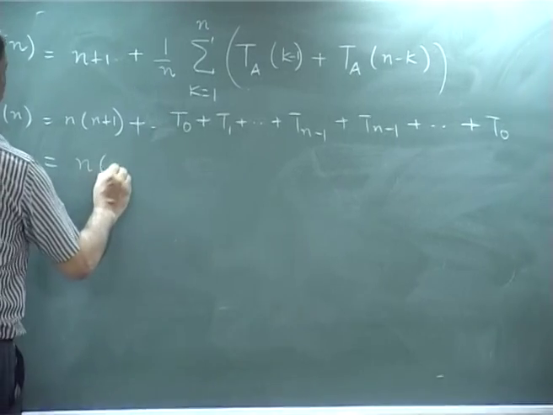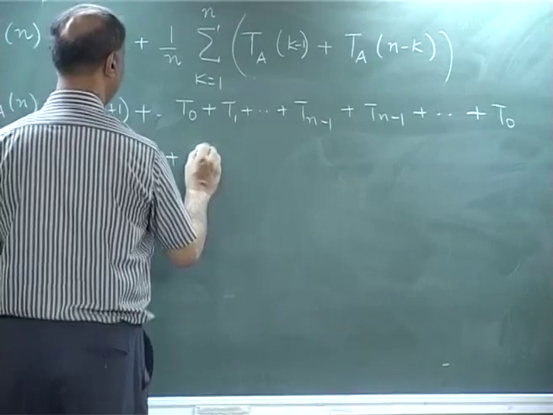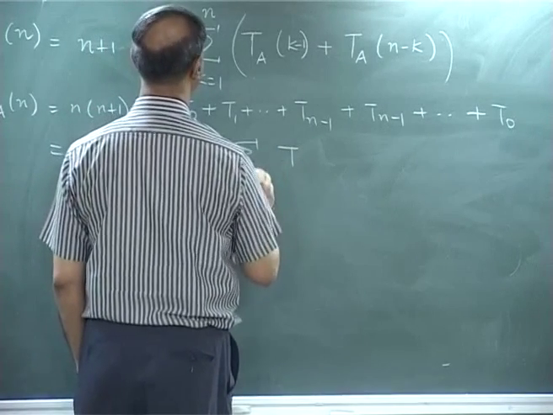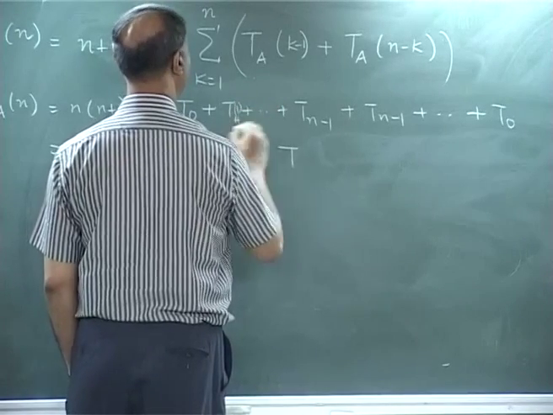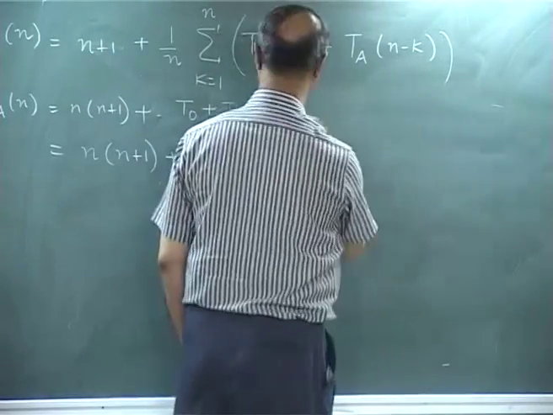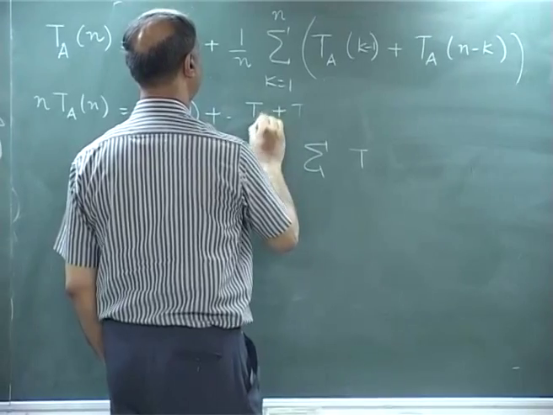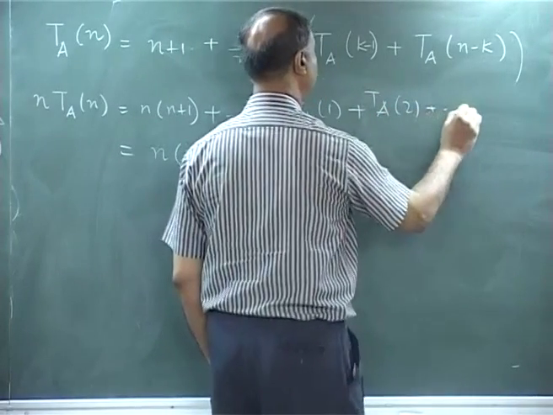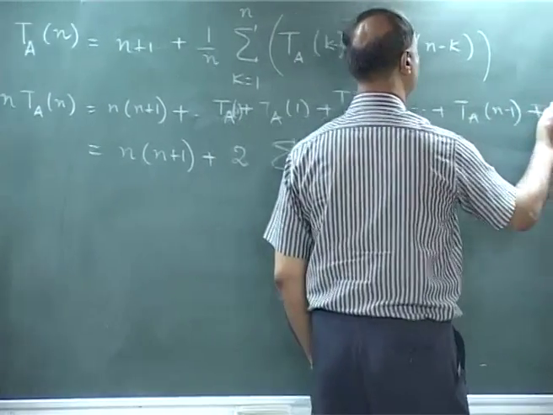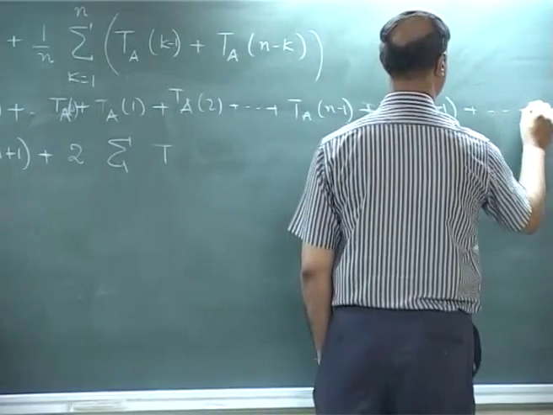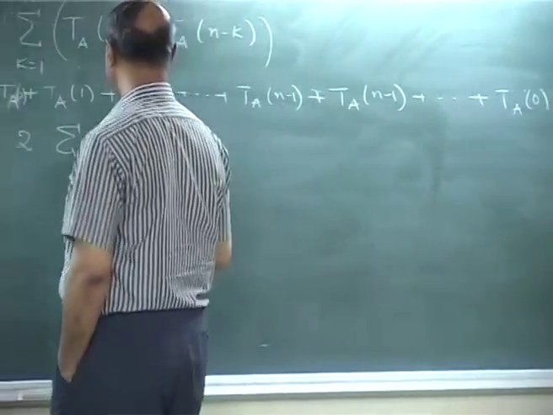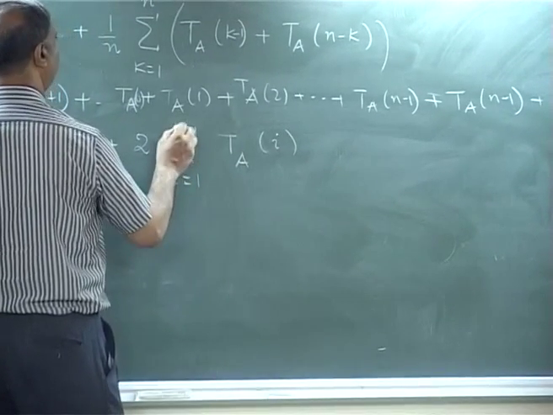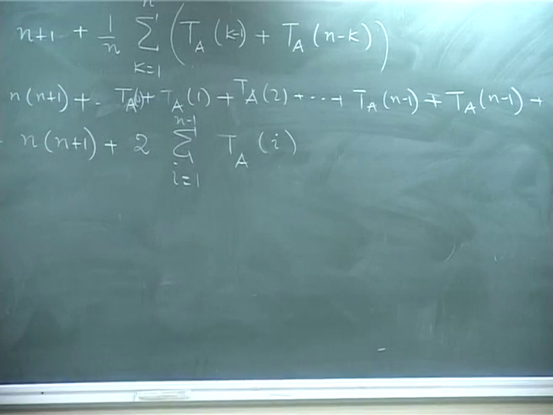This is nothing but n into n plus 1 plus 2 times summation TA(i), that is TA1 plus TA2 up to TA(n minus 1), i is 1 to n minus 1, because TA0 does not have any meaning.